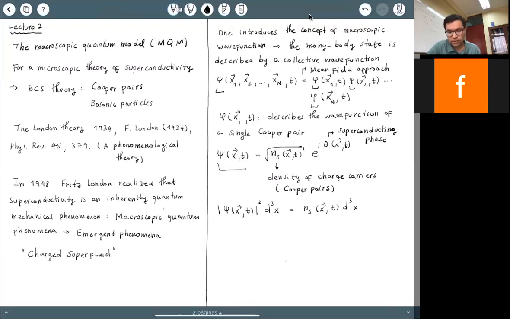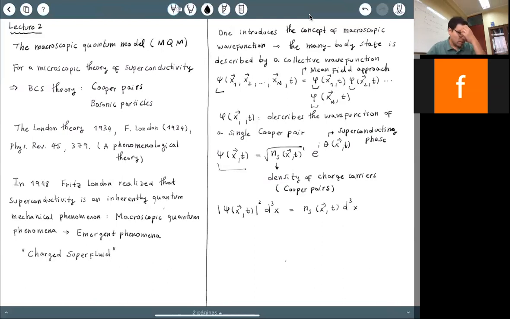In Landau theory, there is the concept of an order parameter, and there is a correspondence between the order parameter and the macroscopic wave function. Although notice that in Landau's theory, the order parameter just describes the ground state without any time evolution.